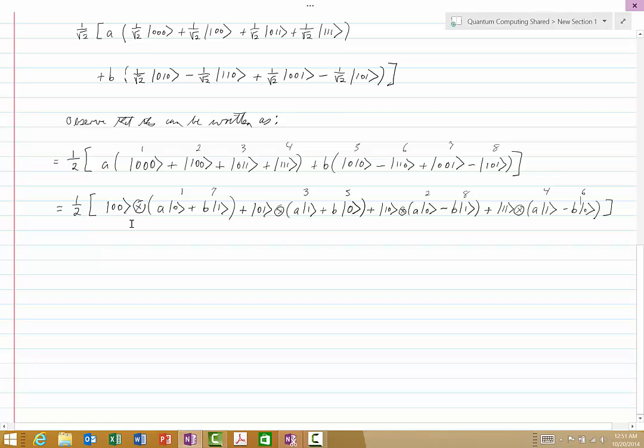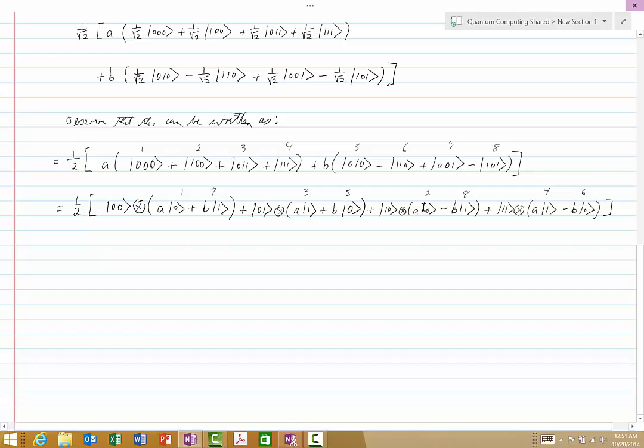But whichever one she measures, she is then going to send the resulting state to Bob. After she measures the first 2 qubits of the state, she will send the resulting state to Bob. If she measures 0,0, Bob will be getting this.